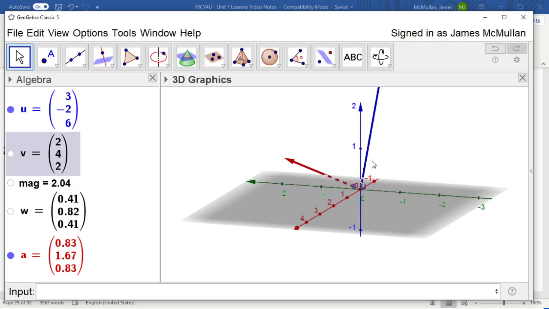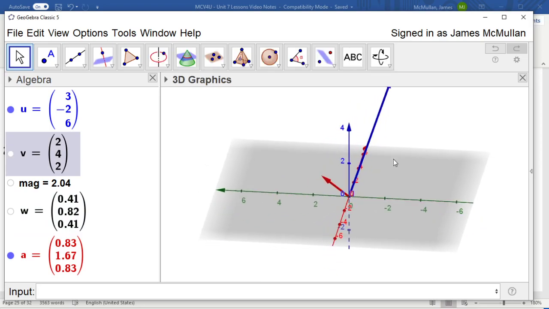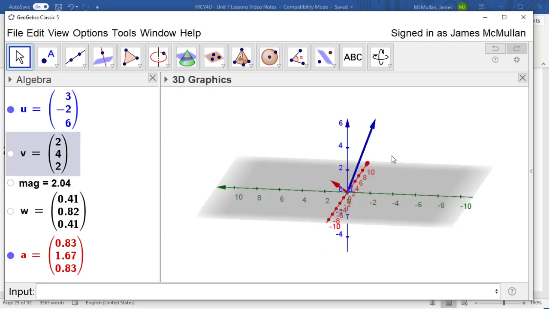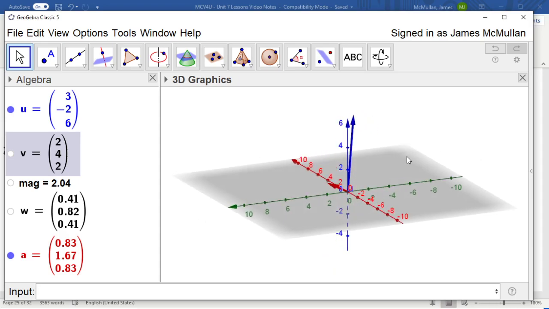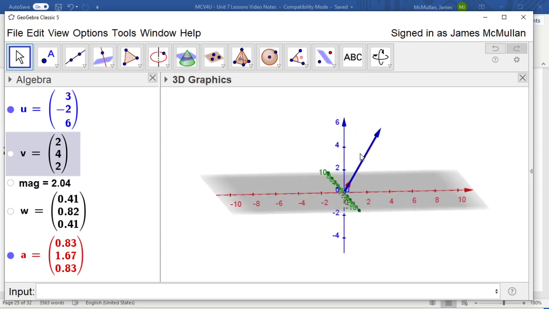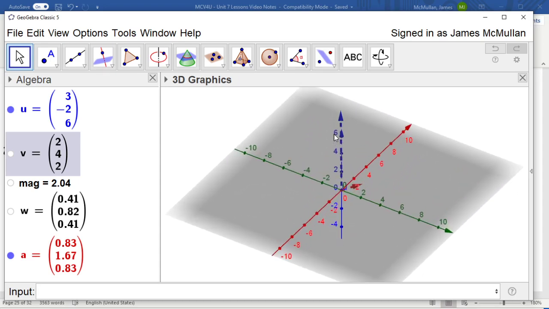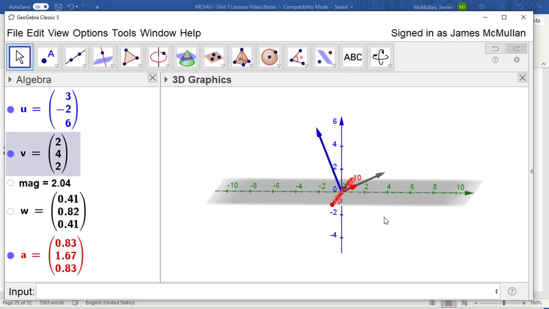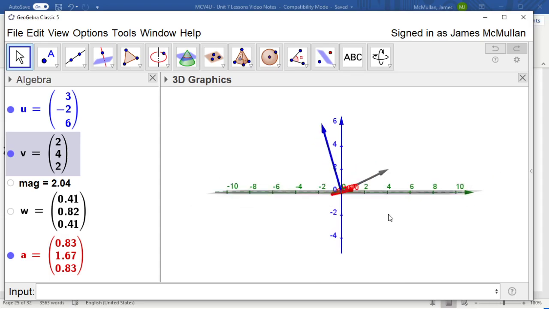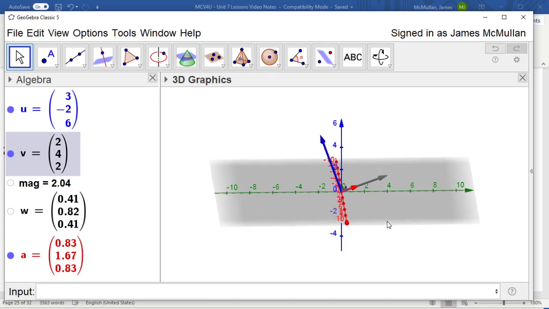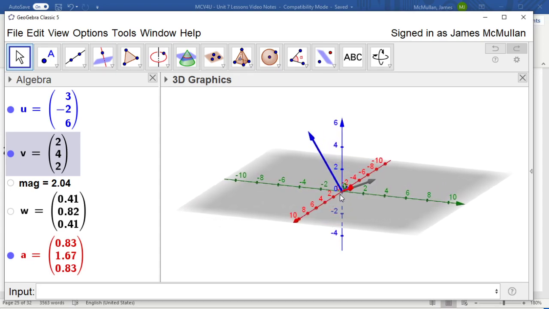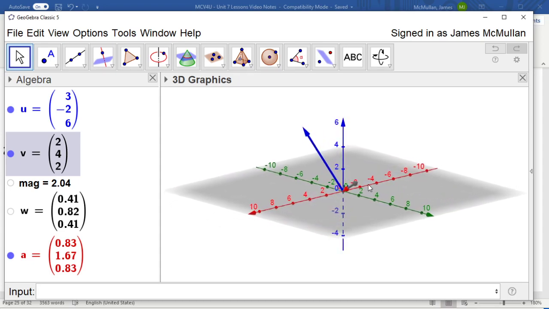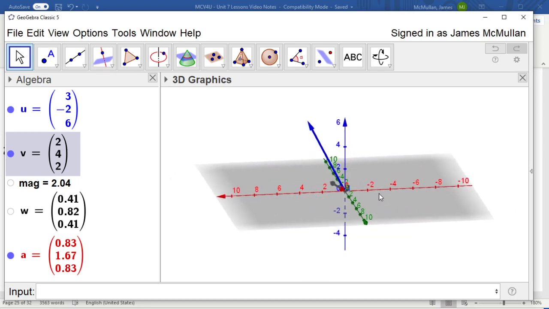And you can see that the red vector is the size of the shadow, right, that the blue vector casts in that direction. Right? So again, vector v is that black, but if you moved along the blue vector, you would only move this red piece towards the end, or in the direction of the black vector.